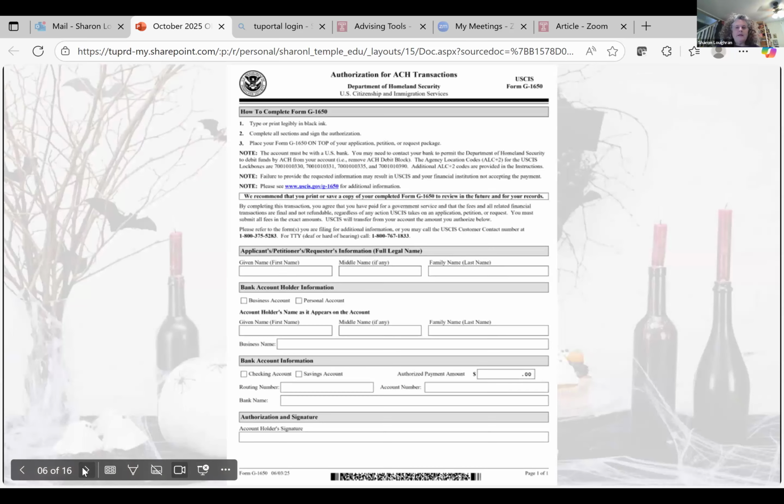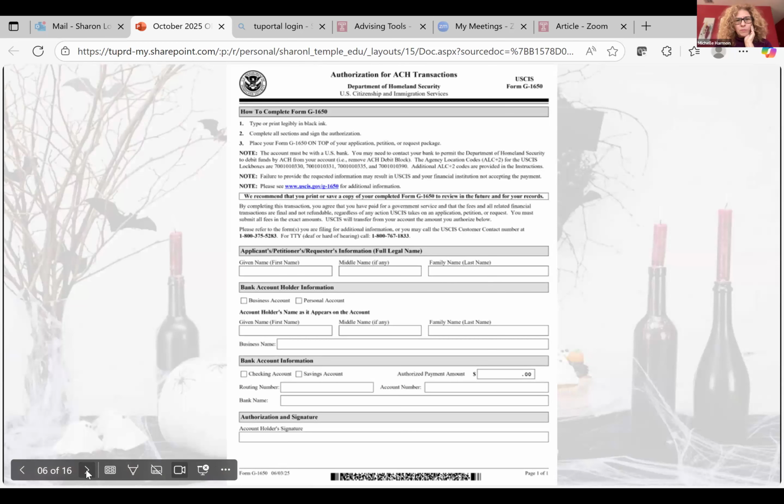It's very new, and it is a little complicated in that you would put Temple University under petitioner's information, and then use business account and add the Temple account that you want to use it for, but there's actually nowhere to put the name of the person that you're using it for. So just be aware.